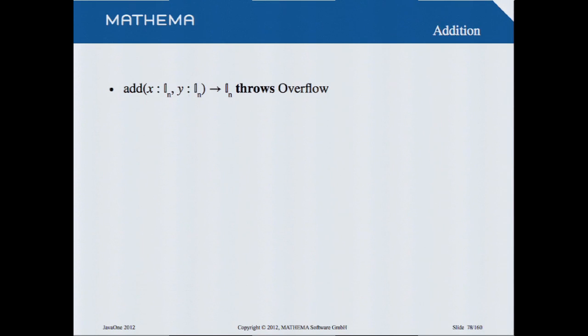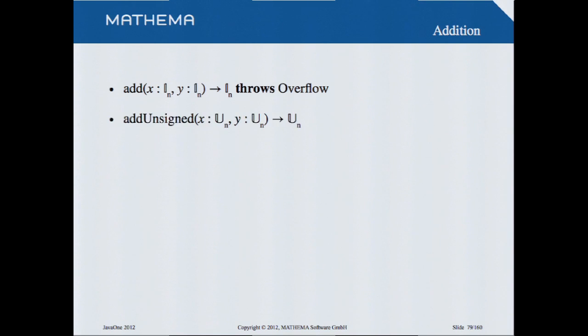Okay. Addition. If you want to add 2 numbers, we can do it. And what is different to Java is, per default, I check if there's an overflow. So if you add 2 signed numbers and the result wouldn't fit into a signed number, then you get an overflow exception.